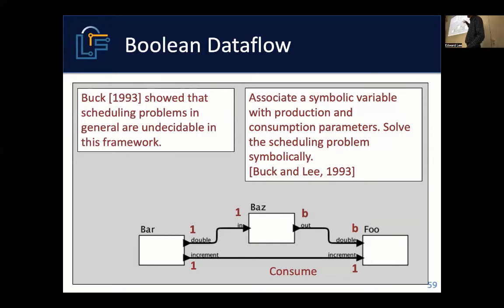Okay, and as a consequence, he showed that the scheduling problems in general are undecidable with this model of computation, meaning, for example, that if you want to answer the question of whether a particular program can execute in bounded memory, you can prove that there is no algorithm that can always answer that question for any program. Okay, that's what it means for it to be undecidable.